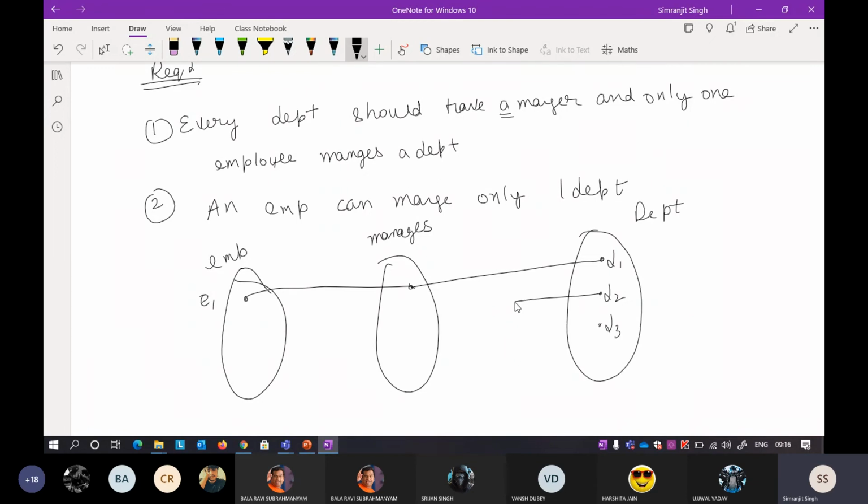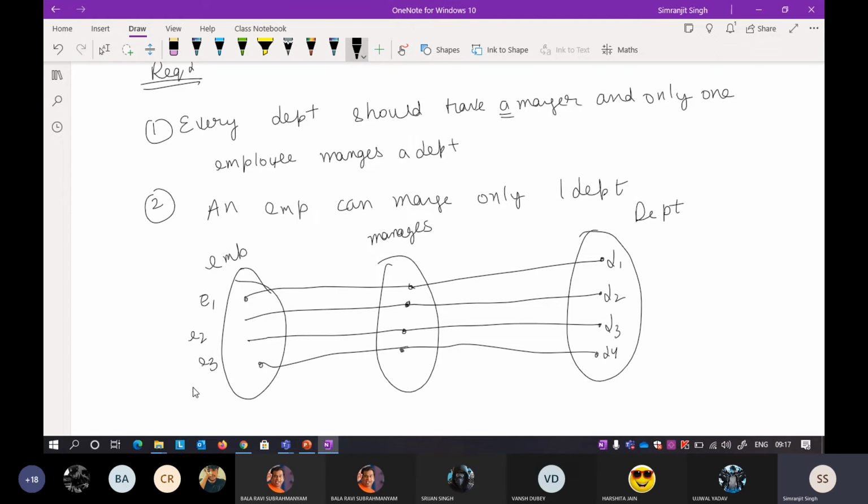D2 should also be managed by another employee because it should have a manager. Then there is another employee managing department D3. Suppose there is department D4, so there is another employee managing D4. And only one employee manages the department, which is true because only one employee is managing a department from this side as well.